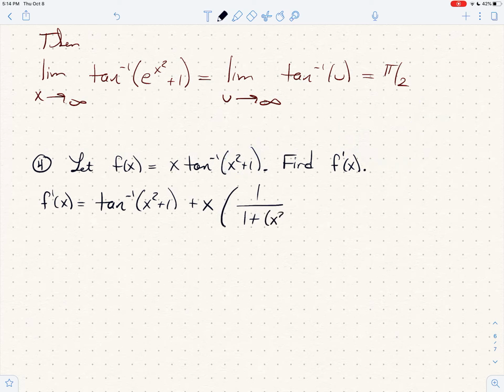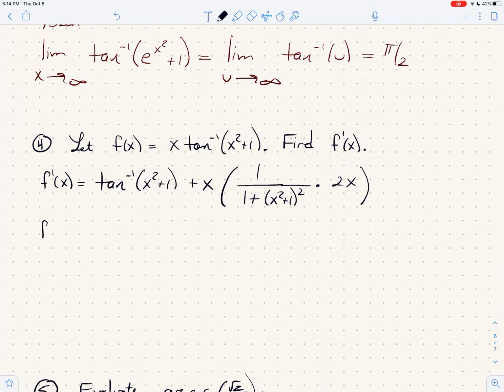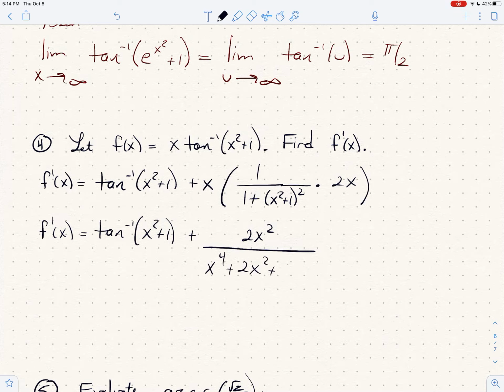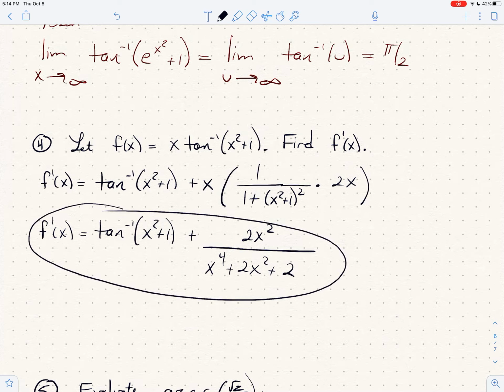So I get 1 over x squared plus 1 squared times the derivative of the inside, which is 2x. And so in the end here, when I clean this up, I get that f prime of x is the arctangent of x squared plus 1 plus 2x squared over, and you have to choose, do you want to factor the bottom out or not? I'll factor it out, sure. I get x to the fourth plus 2x squared plus 1 plus 1 is 2. And so this is what you get when you want to work out f prime.